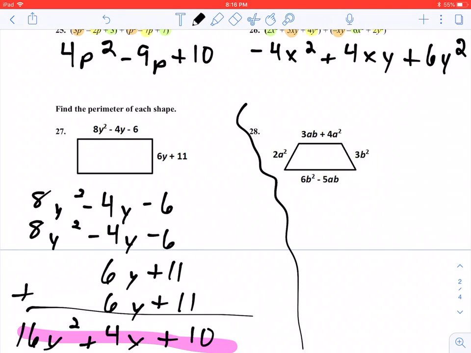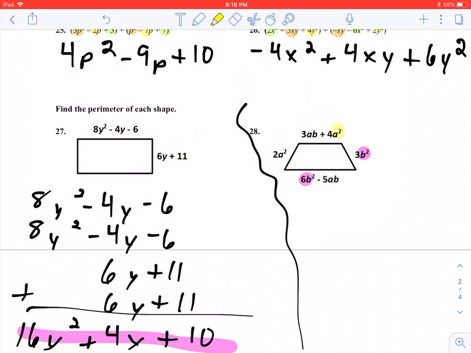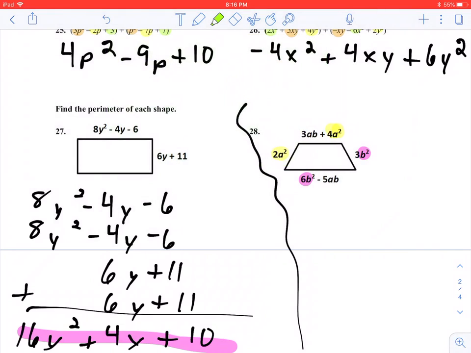I think it's going to be easier to go through and highlight all the like terms. So here's a b squared, here's a b squared. Here's an a squared right there, there's an a squared right there. And the last one, here's an ab, there's an ab. So we're just going to add all the like terms up.